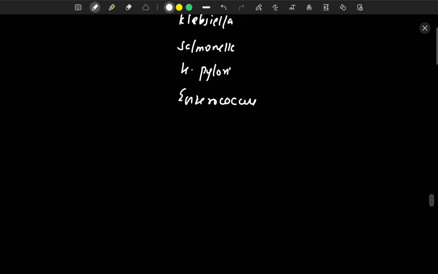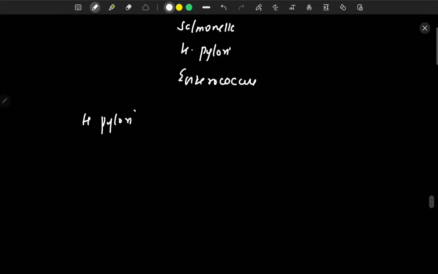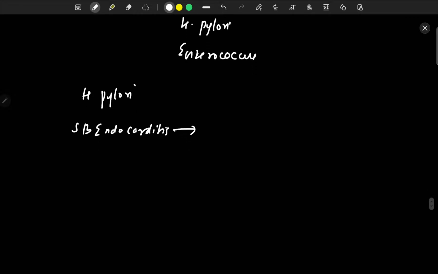So we can use it in the H. pylori regimen, and if there is subacute bacterial endocarditis, we can give an aminopenicillin with gentamicin.